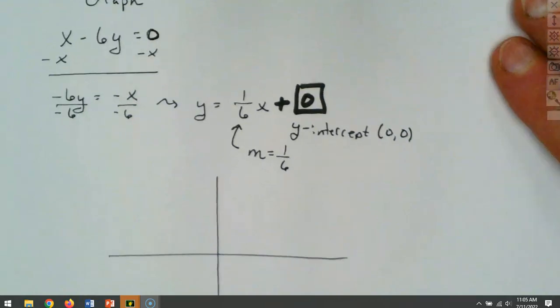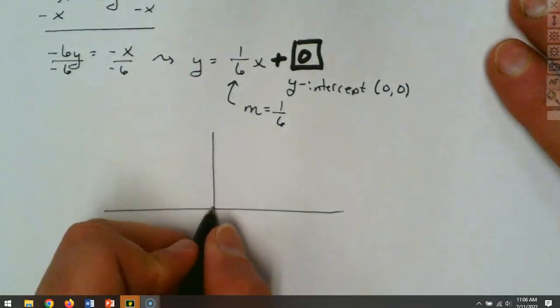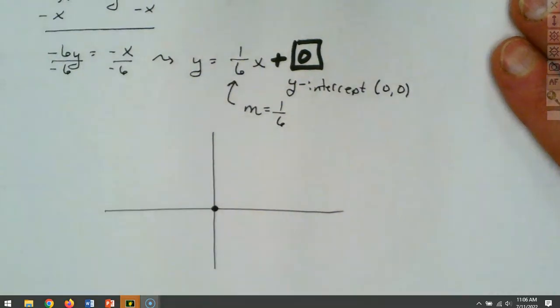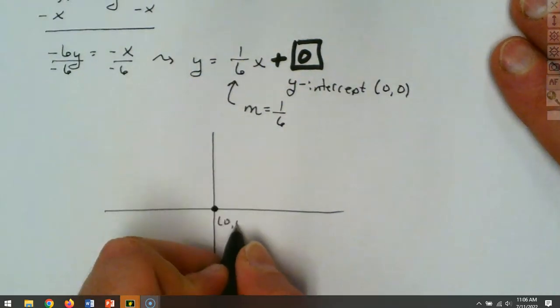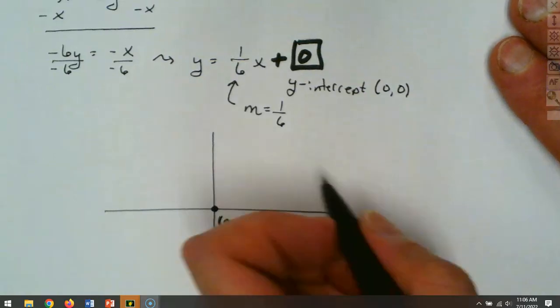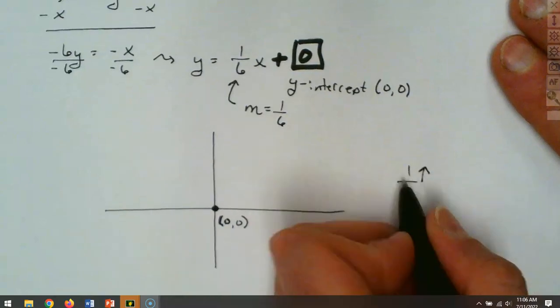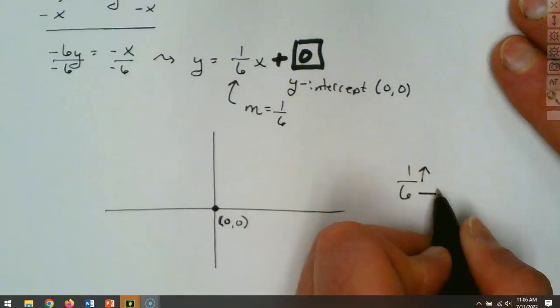So when we go to graph this, it's very, very easy to graph. Here we are at 0, 0. My slope is 1/6, so that means I go up 1, and I go over 6 units.